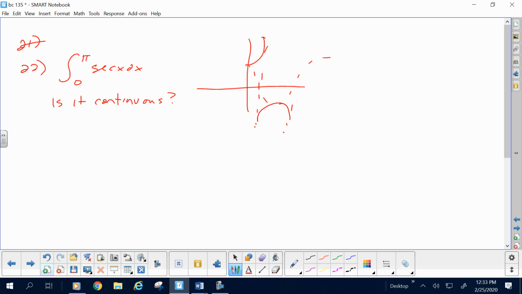Here's secant. Yeah? So we need to approach pi over 2 from the left with A and from the right with B, yeah? So did you get something like the limit as A goes to pi over 2 from below, integral from 0 to A of secant of x dx. Are we cool?